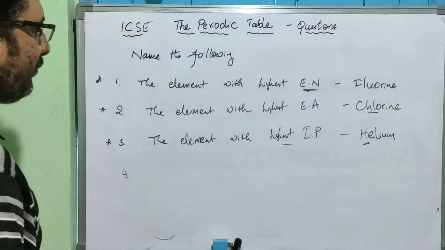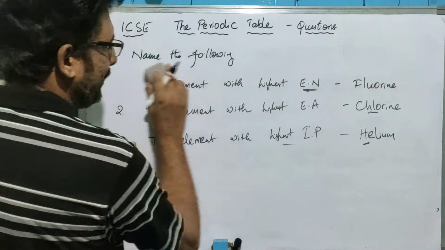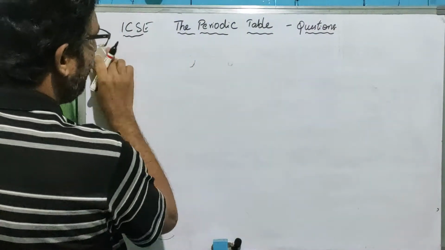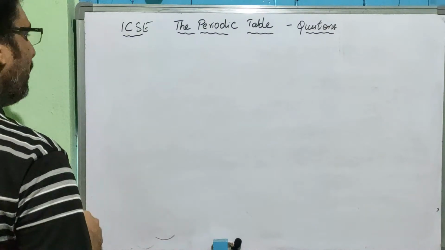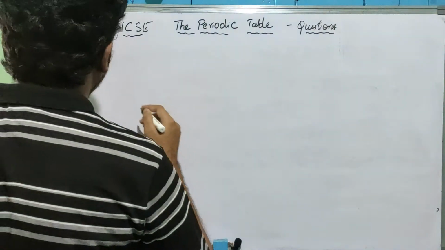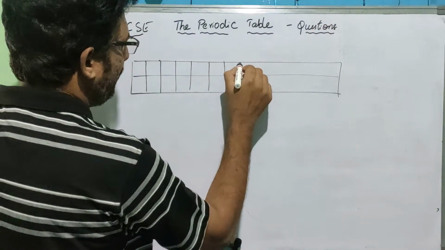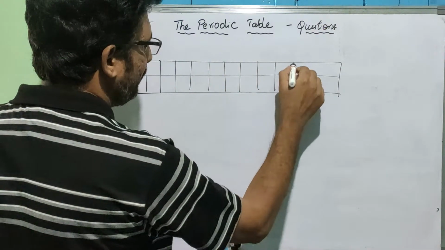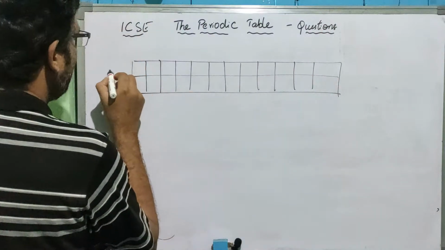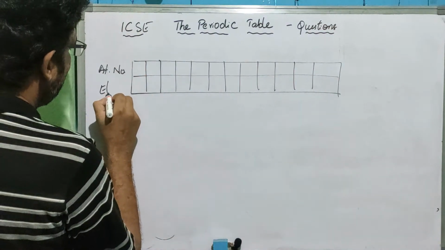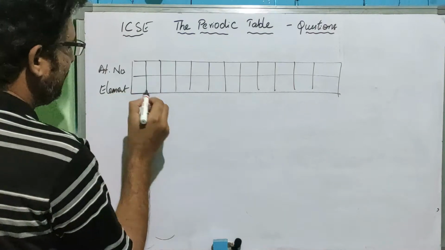Okay, let's move to the next type of questions. The question will be based on a tabular form like this. Here it may be atomic number and here the element.